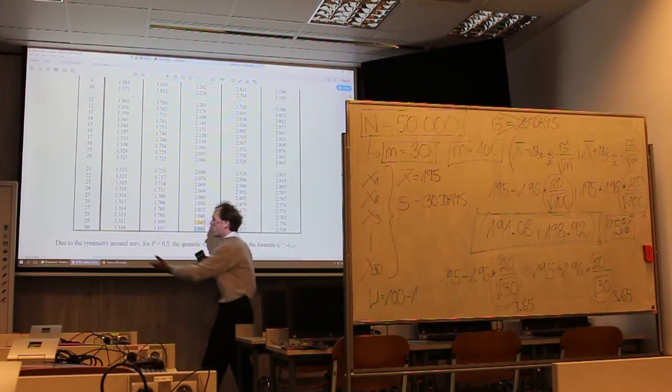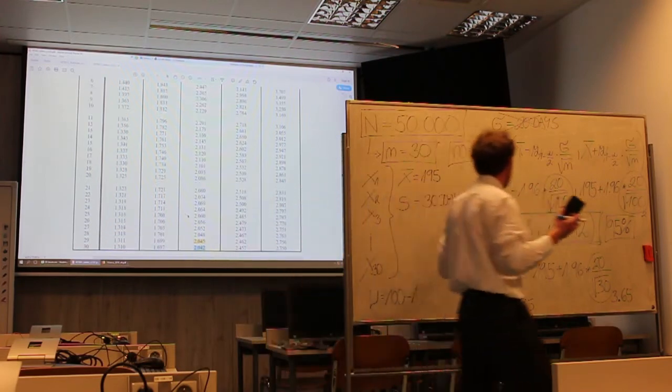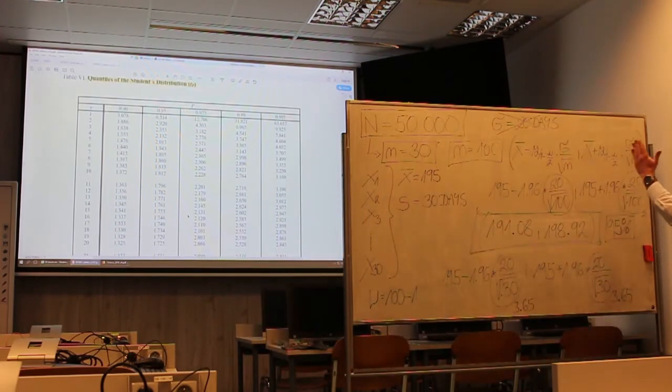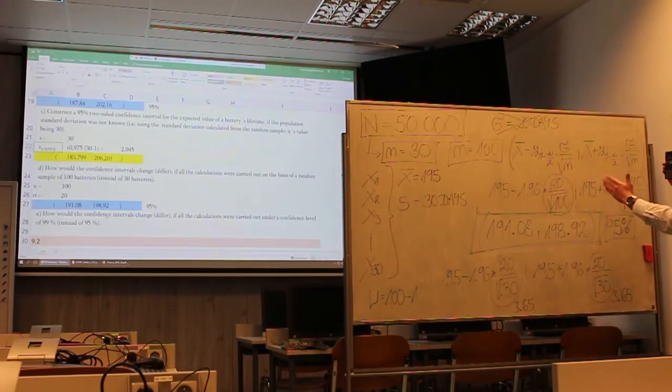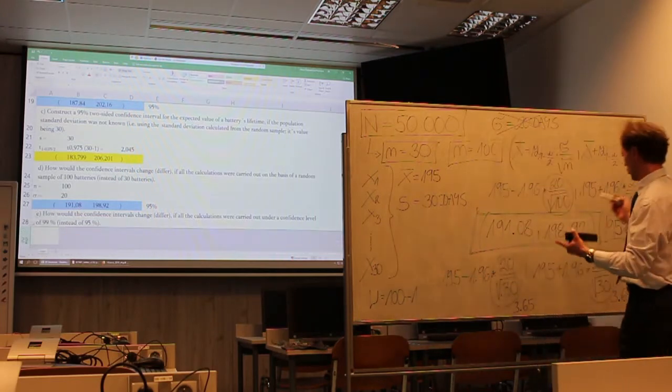But we don't have more degrees of freedom. We should calculate this, for example, in Microsoft Excel, but it's not necessary. I showed you an illustration, a demonstration, in the case of known standard deviation. Okay.